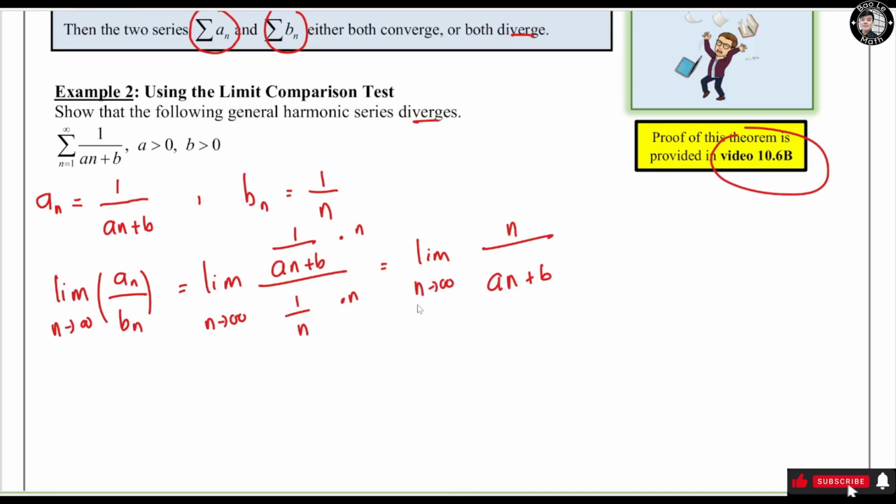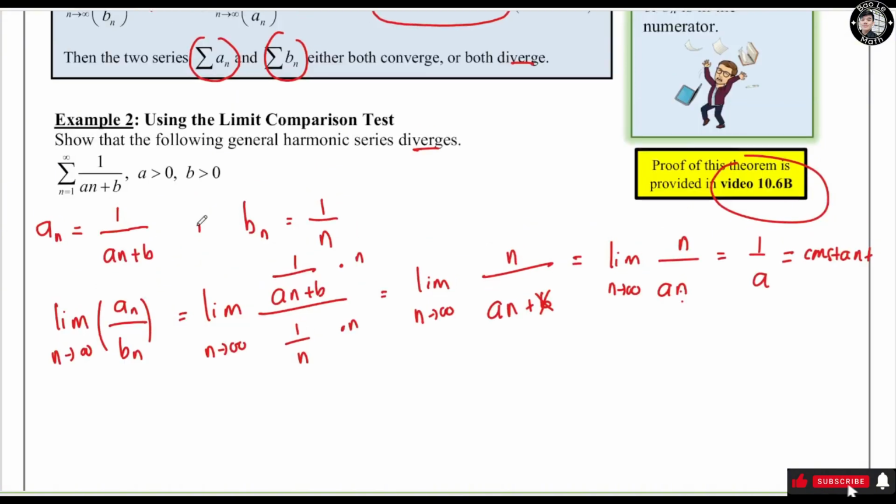Now when n approaches infinity, b doesn't really mean anything, so we can ignore it. So it's going to be the limit of n over a times n when n approaches infinity. The n's cancel out, so it could be 1 over a. This guy is a constant, right?